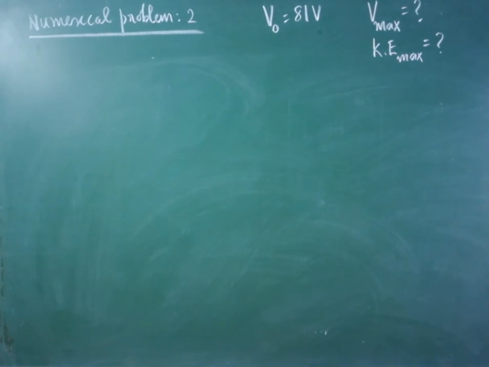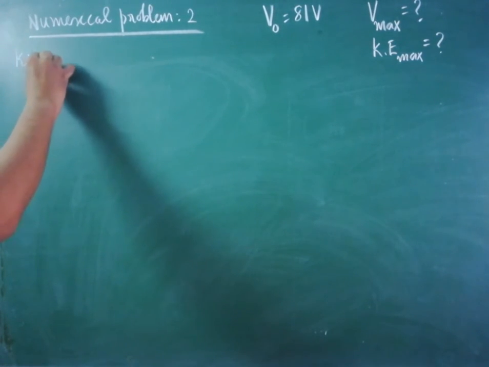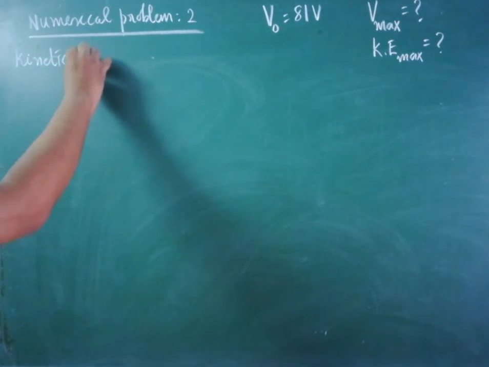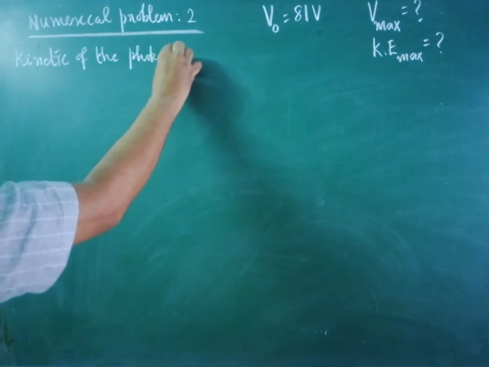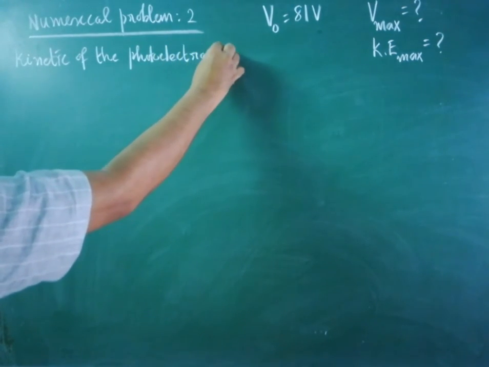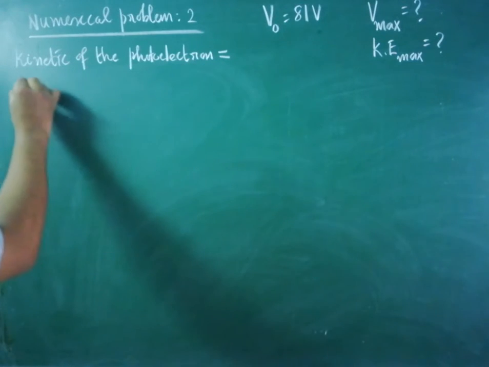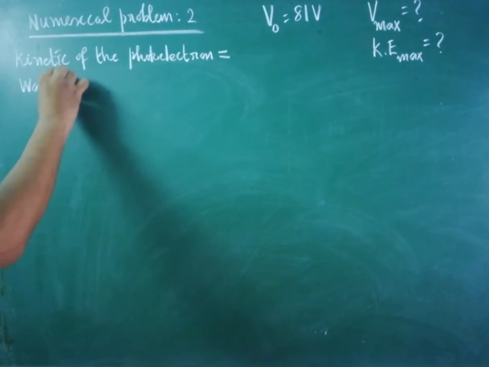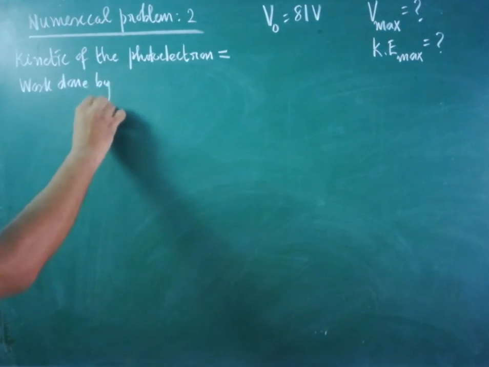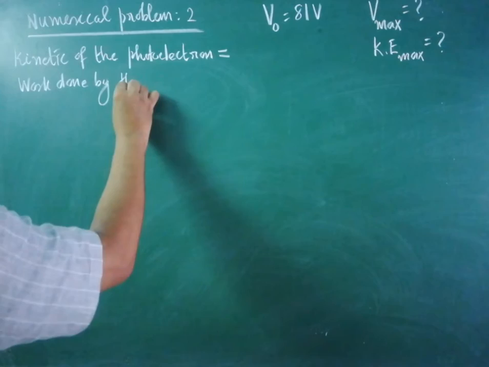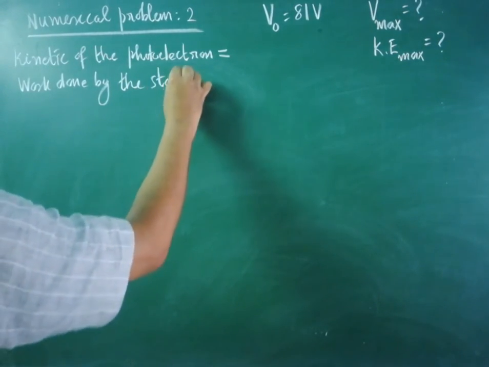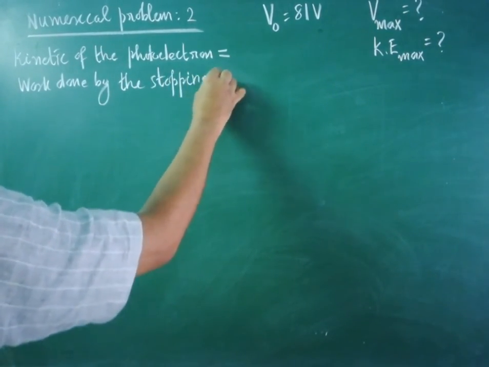Here one important key point must be noted, that I will write in the form of a sentence. Kinetic energy of the photoelectron must be equal to the work done by the stopping potential, as per the theory. When an appropriate stopping potential is given to the anode, what will happen?